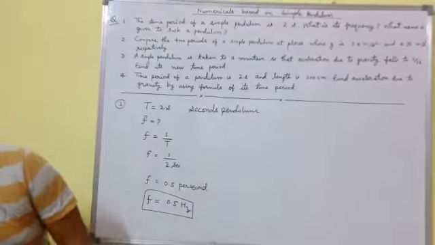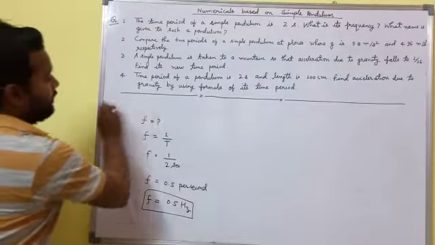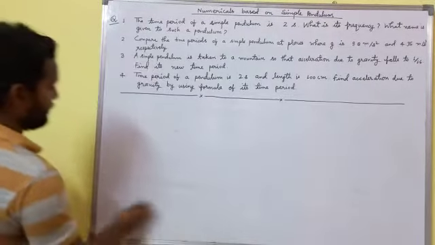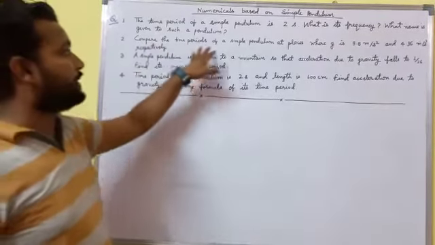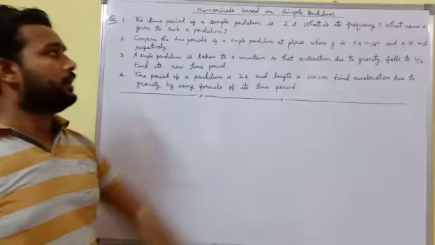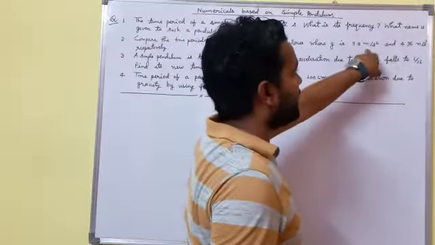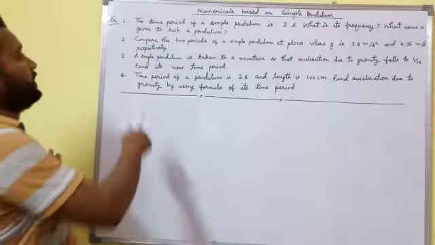Now second question. In the second question, compare the time periods of a simple pendulum at places where g is 9.8 meter per second square and 4.36 meter per second square respectively.